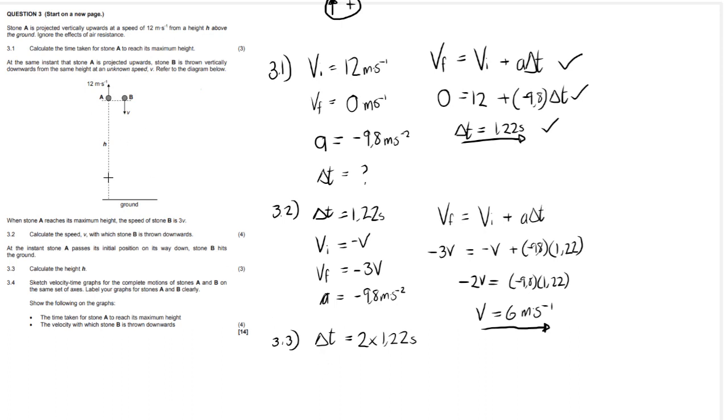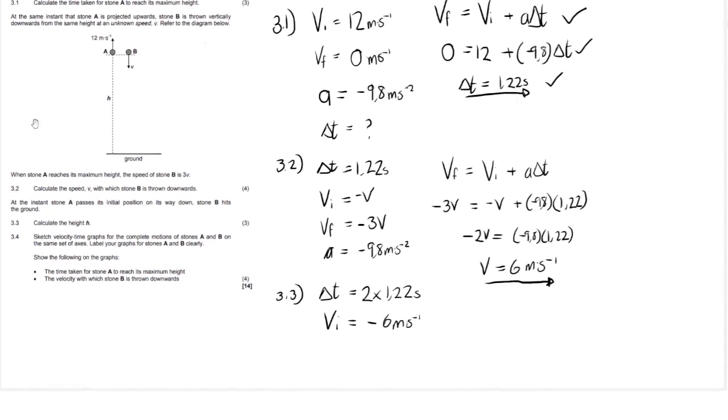They're asking for the height that B would drop, because that is the same time that B is dropping for. I have the initial velocity that B is thrown at. The initial velocity that B is thrown at would be negative 6 meters per second. Remember, that is downwards after all, so it should be negative.